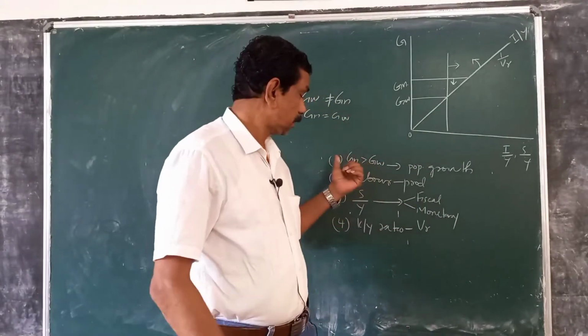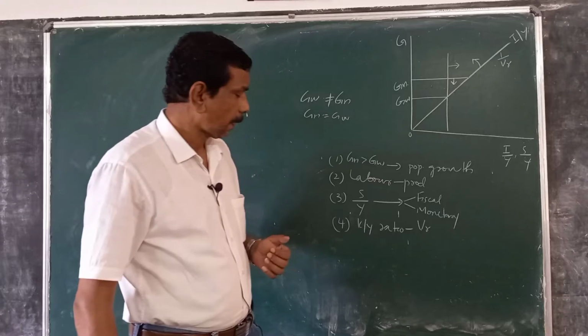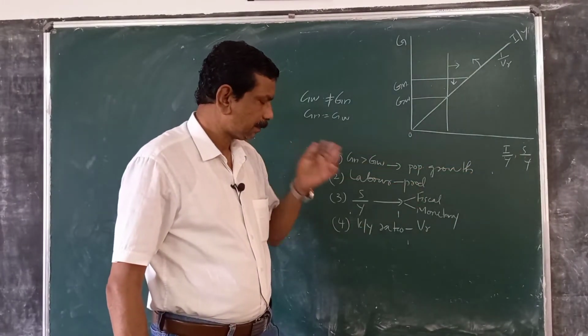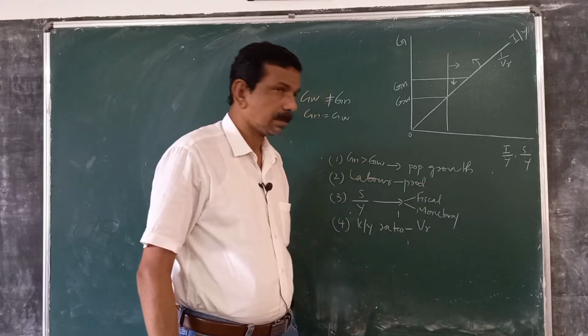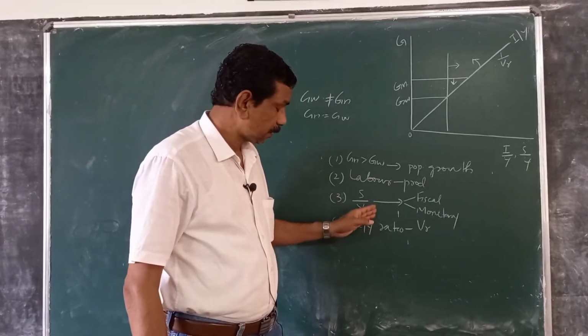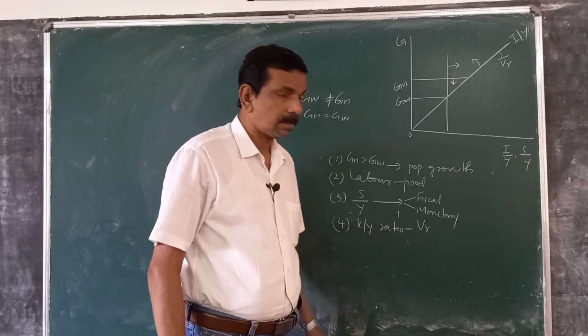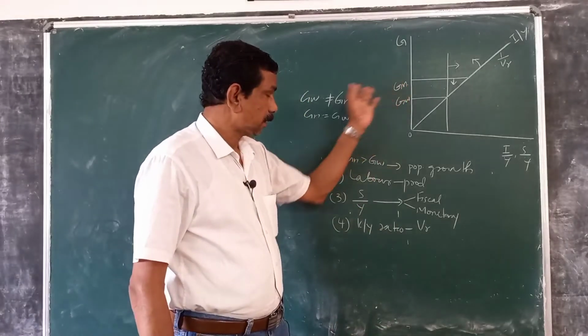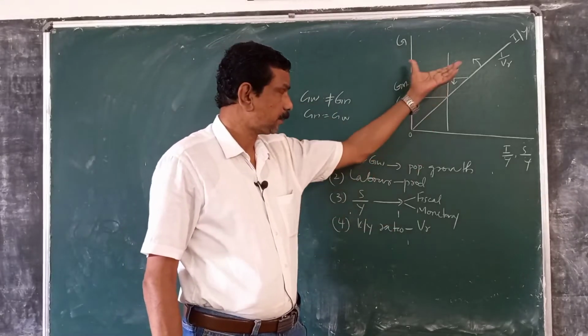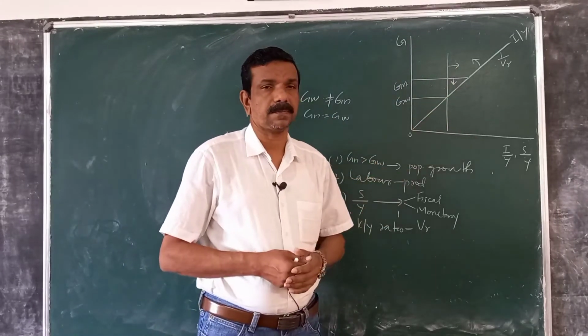So if GN is greater than GW, measures to check population growth, measures to reduce productivity, measures to increase saving ratio, measures to reduce capital output ratio, restore equilibrium between GW and GN. And these possibilities are given in this graph.